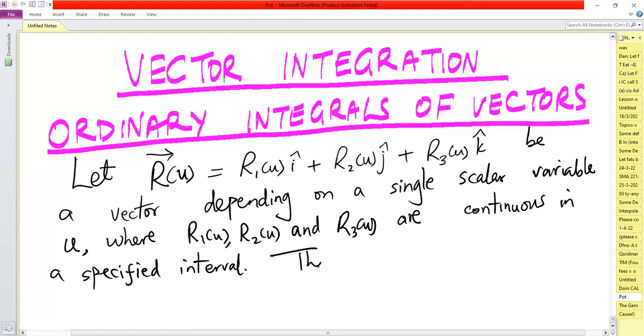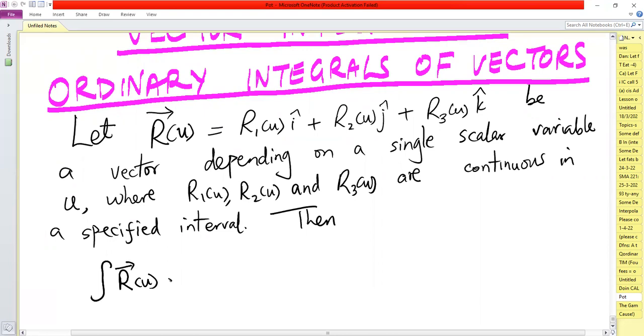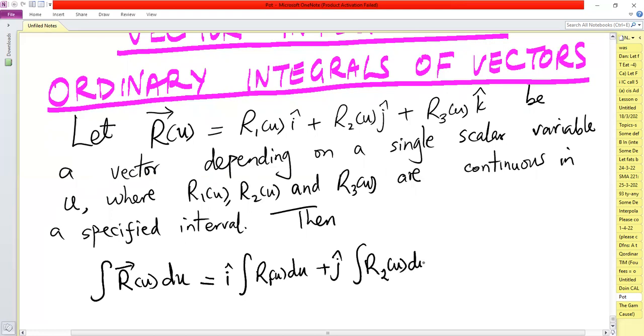Then we define the integral of this vector R of u with respect to u as i integral of R1 of u du plus j integral of R2 of u du, and then plus k integral of R3 of u du.